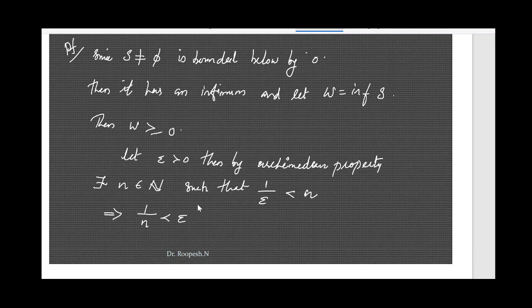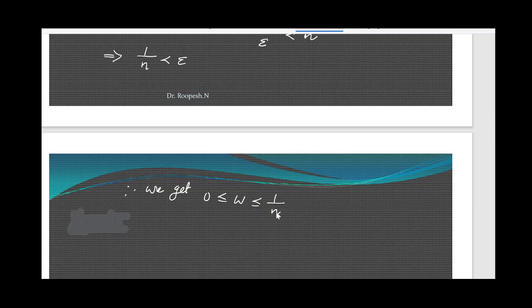Therefore we get, first, 0 is less than or equal to W. Now W is less than or equal to 1 by n, and 1 by n is less than epsilon. Because W is the infimum and 1 by n is a member of your set S, W should always be less than or equal to 1 by n.